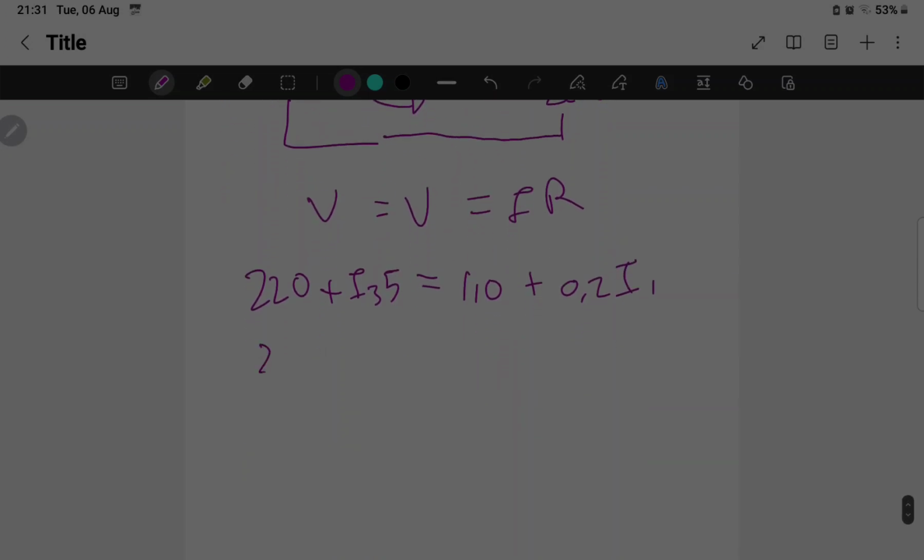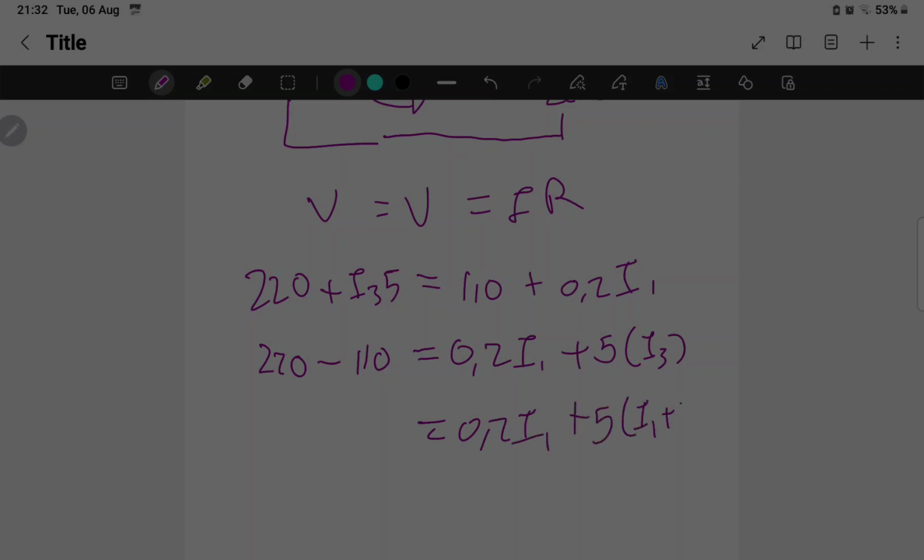So now let's simplify that. 220 minus 110 is equal to 0.2 I1 plus 5 I3, so 0.2 I1 plus 5 (I1 plus I2).